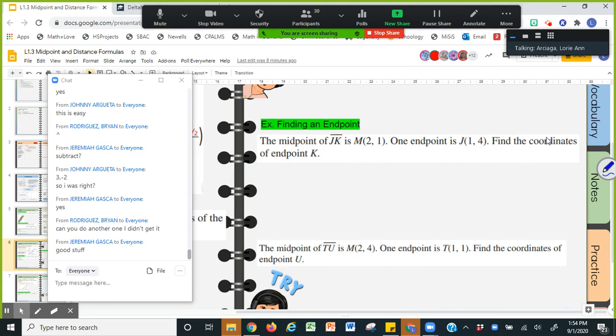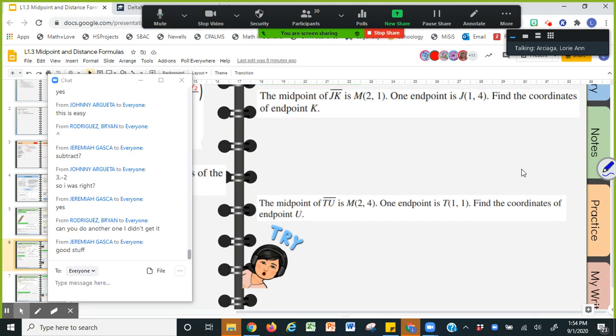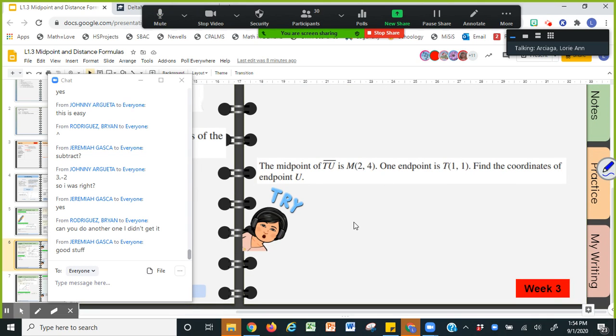Okay. And one last at the bottom before we go. So you're looking for the endpoint again. So you're looking for one of the points. Okay. So your first number here is 1.